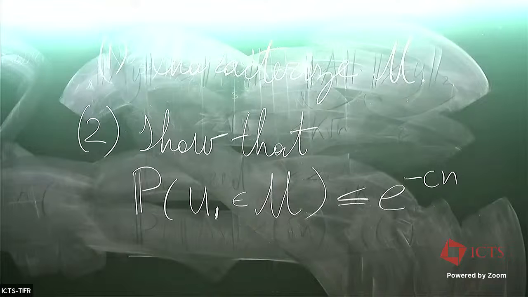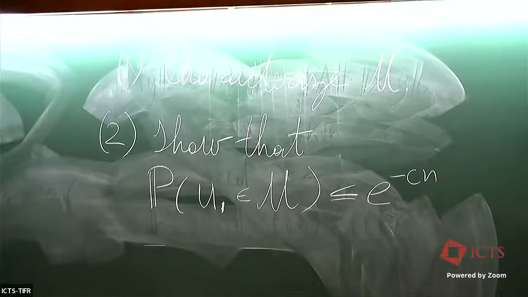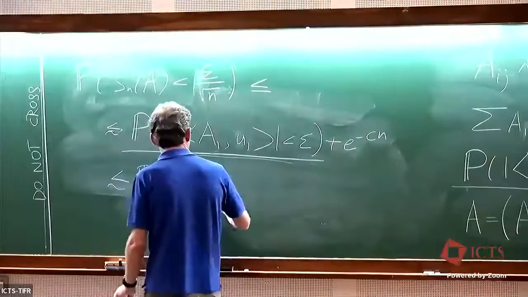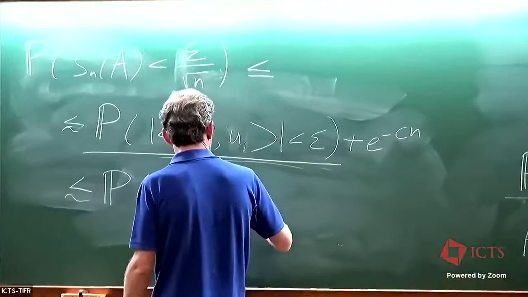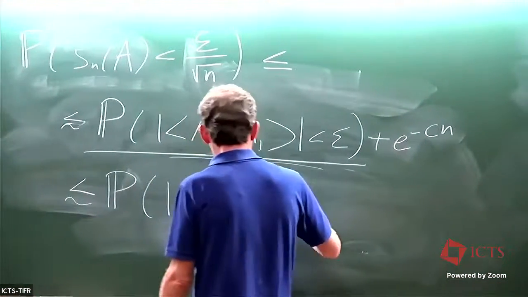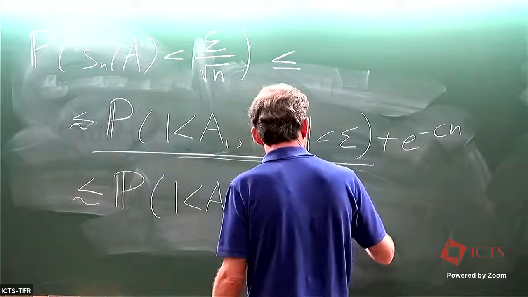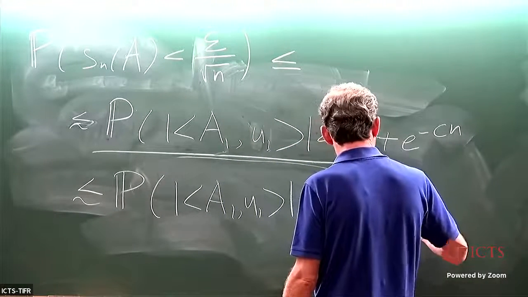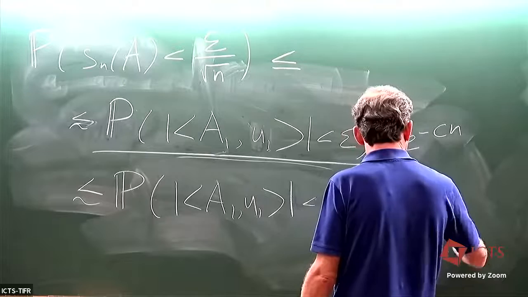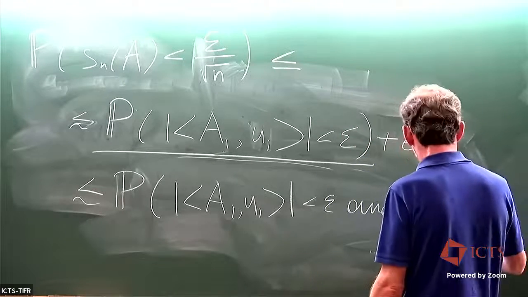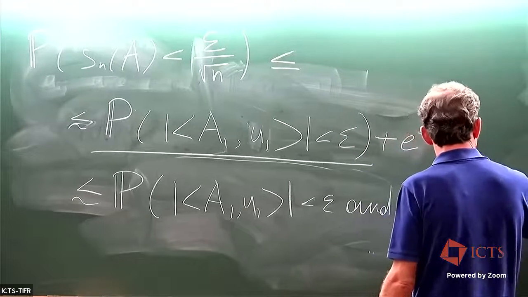We can continue this calculation and say that this is less or equal than the probability that this inner product is less than epsilon and U1 is not in M, plus e to the negative Cn.